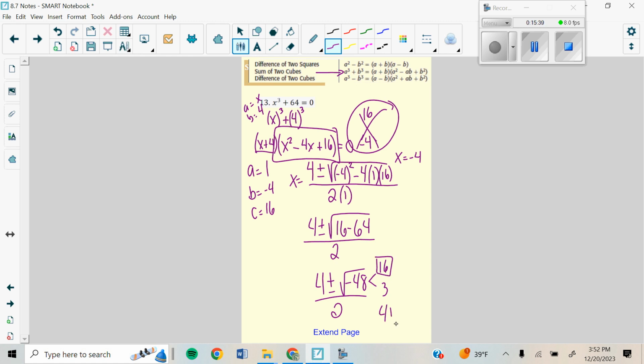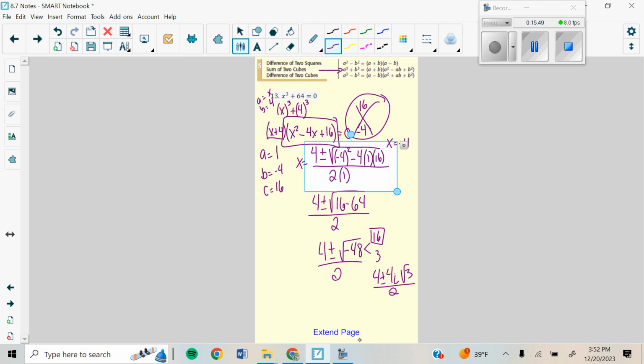So we can have 4 plus or minus 4i square root of 3 all over 2. Oh, we can do one more simplifying. Those 4 and 2 all simplify to 2 plus or minus 2i square root of 3. So not a real answer, definitely an imaginary one.